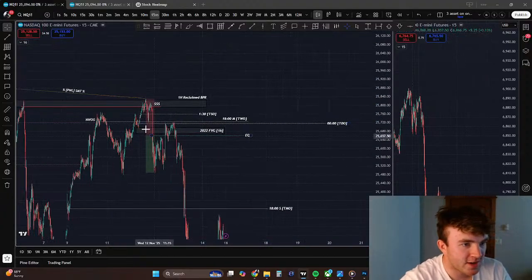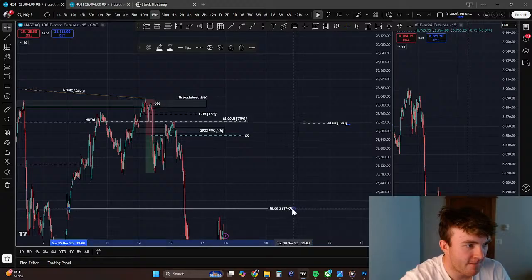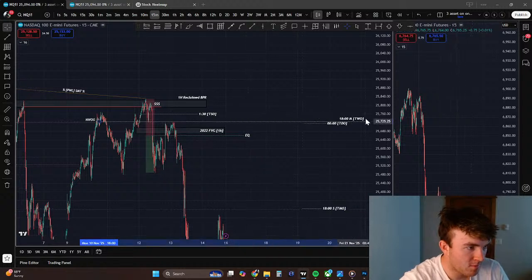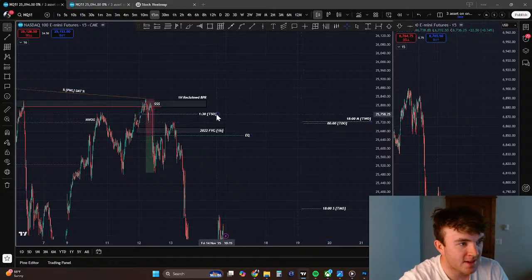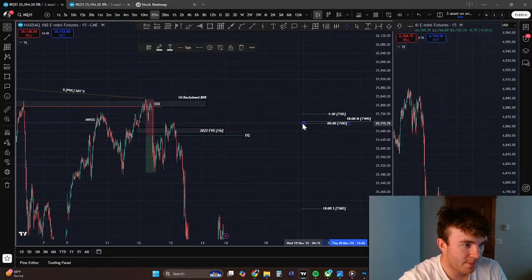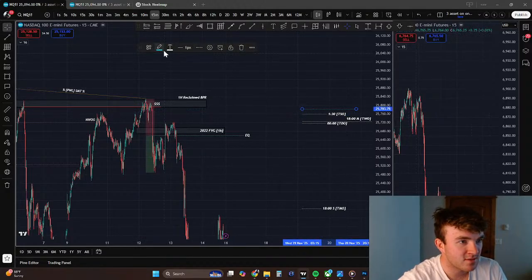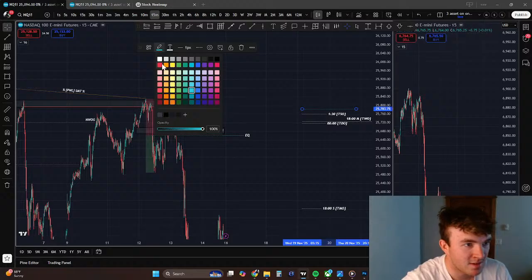So maybe I'll just drag the true opens out like this. So now everything, yeah, I like that better. Like, do you see how it's just time-based premium and discount levels? And then we manipulate, and then we get the sell model.